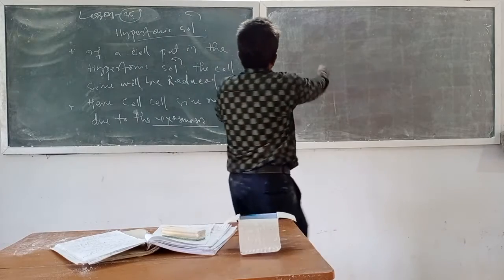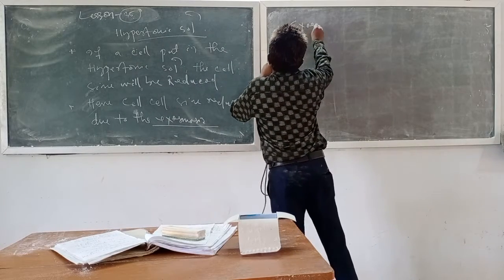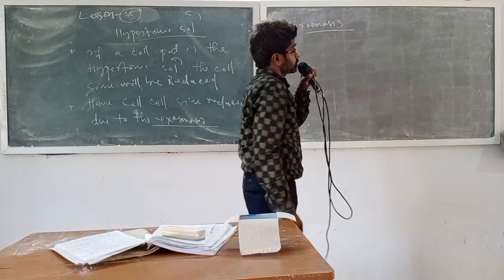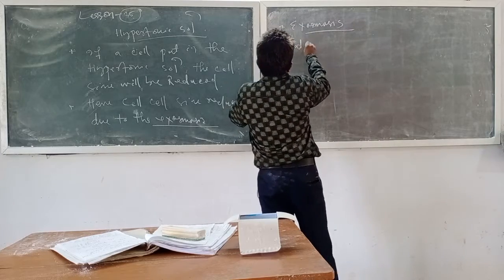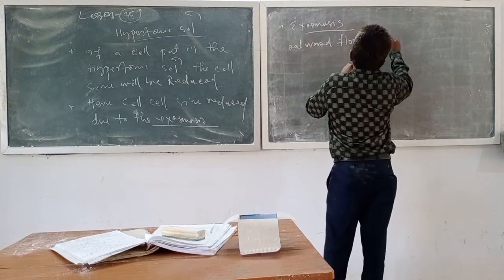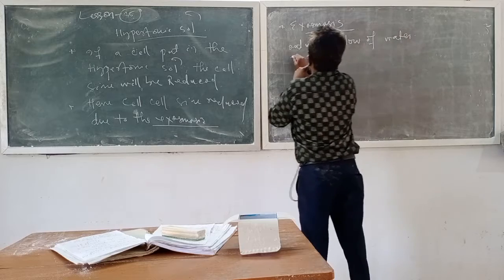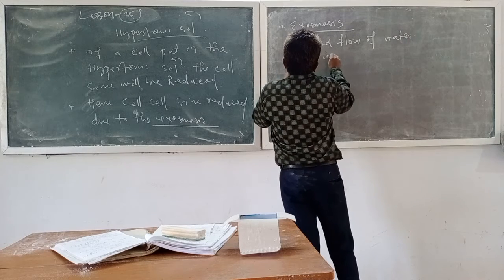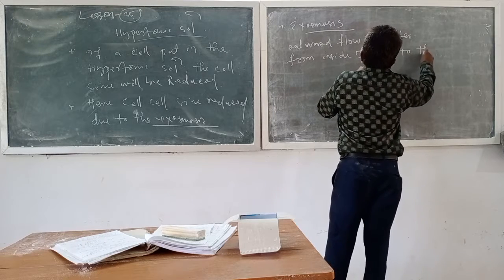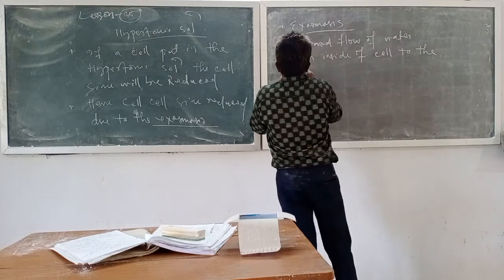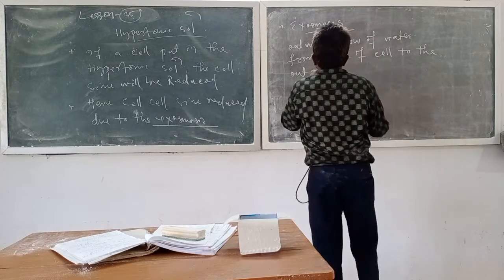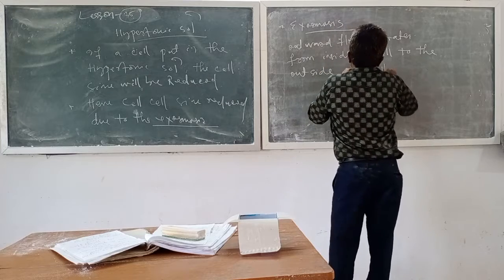What is exosmosis? Exosmosis is the outward flow of water from the inside of the cell to the outside of the cell.